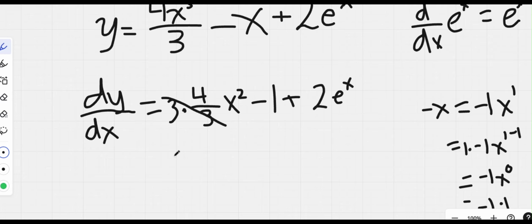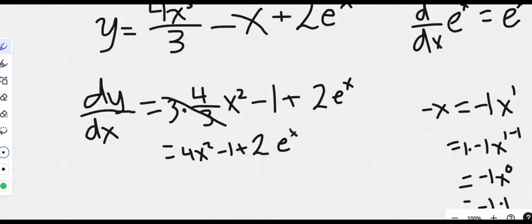Simplifying, those two cancel, which equals 4x to the second power minus 1 plus 2e to the x, which is our first derivative.